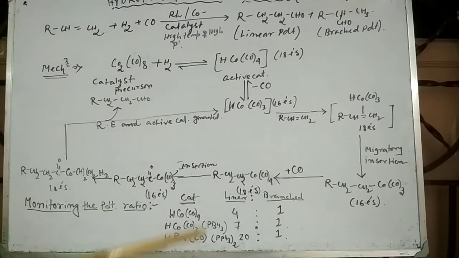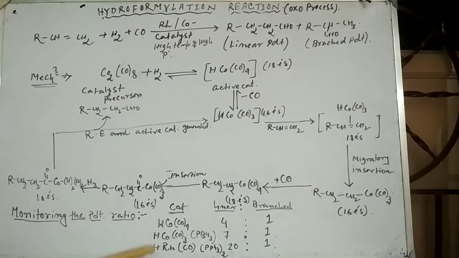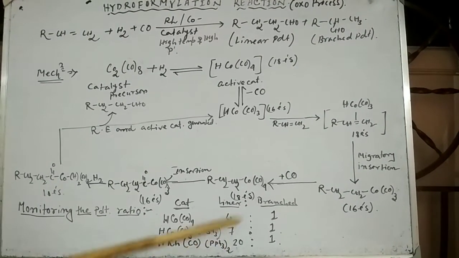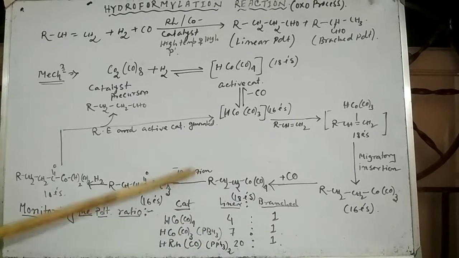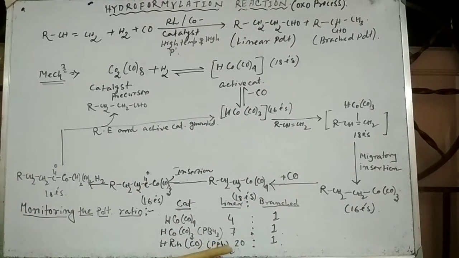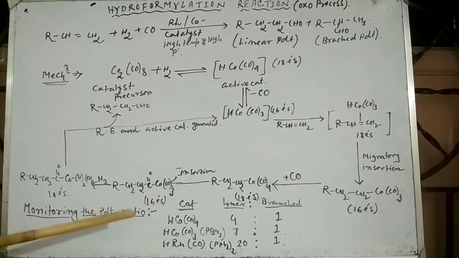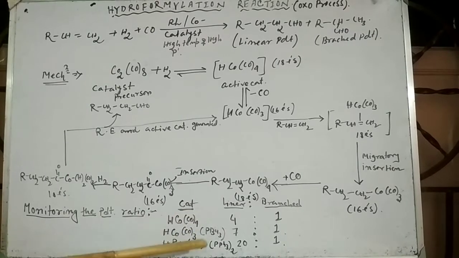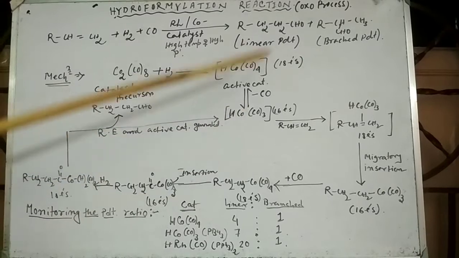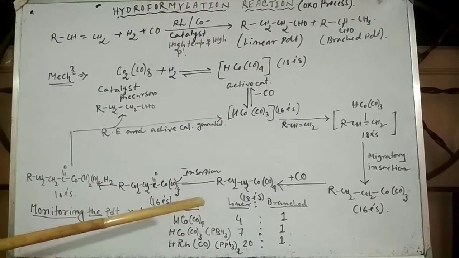And when we use the modified rhodium catalyst, HRh(CO)(PPh3)2, the proportion ratio of linear and branched product is 20:1. This data indicates that in the presence of a bulky ligand, the linear product is formed predominantly over the branched product. This is because of the steric effect.